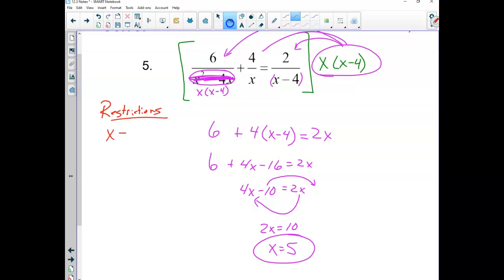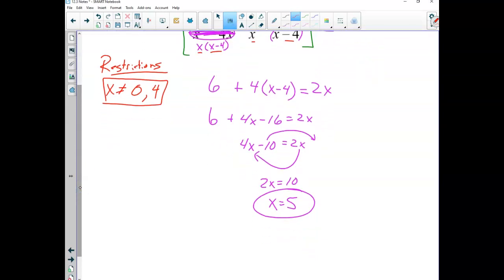Restrictions are x cannot be 0 and 4. Those are the only things. If I run into either one of these as a solution, I'd have to throw them out. This is not in my list, therefore x equals 5 is the solution to this equation.